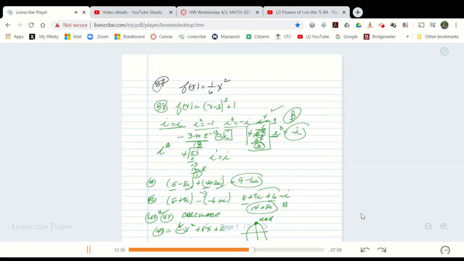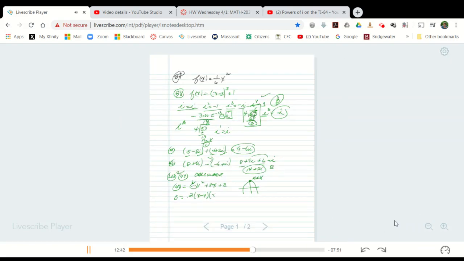what I would do here is set this equal to 0. All right, I have something like this. And I would set each of these terms equal to 0. I would say, hey, 2 can't be 0. So either x minus 4 is 0, or x minus 5 is 0.